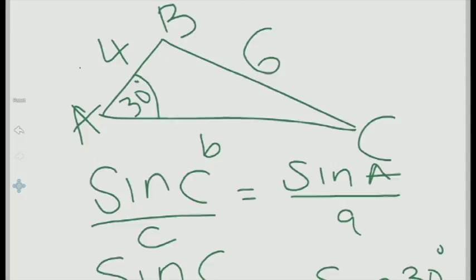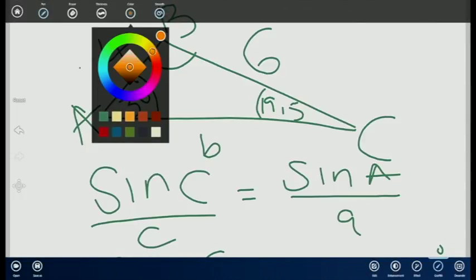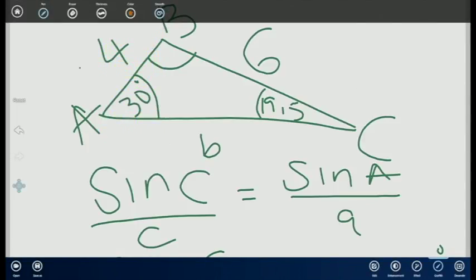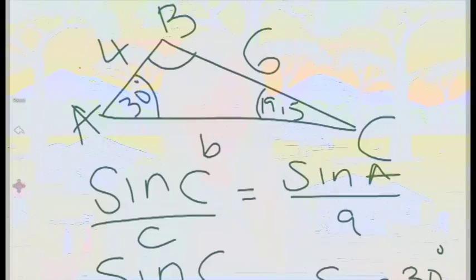Let's go back to our diagram. This is 19.5. So if this is 19.5, then we can find angle B. We're going to use angle B to find side B, because the sine ratio is an angle with its opposing side. We're looking for side B. Angle B is 180 minus the 30 plus the 19.5.